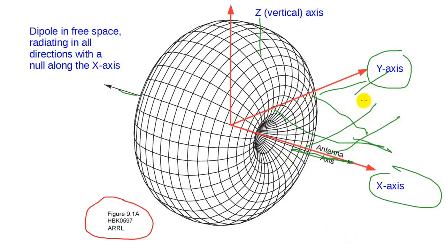If you slice the torus along the XY plane, you get the dipole azimuthal pattern that we looked at a few moments ago in the Flatville example. In fact, note that our azimuth degrees lie entirely in the XY plane. Now, a couple things I want to point out. The Z-axis is the elevation axis.